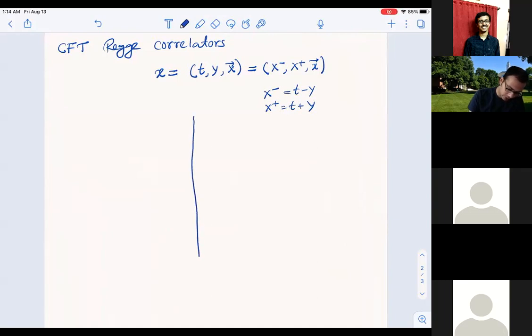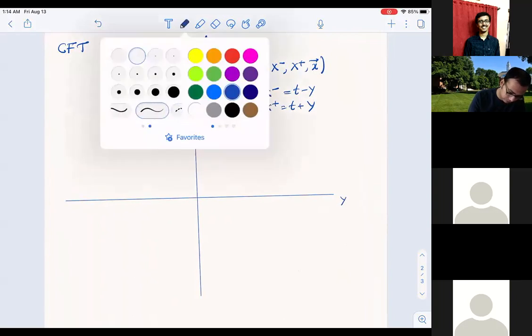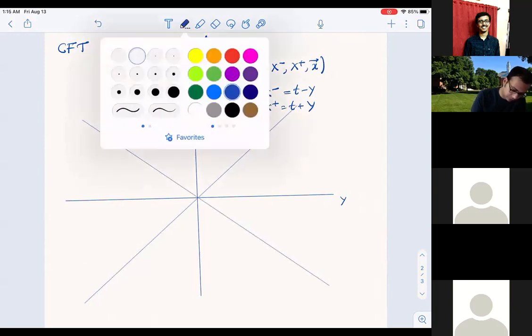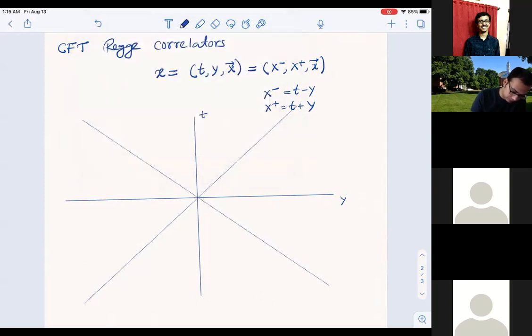So this is the time coordinate. So this is t, this is y. So this is x minus, x plus.